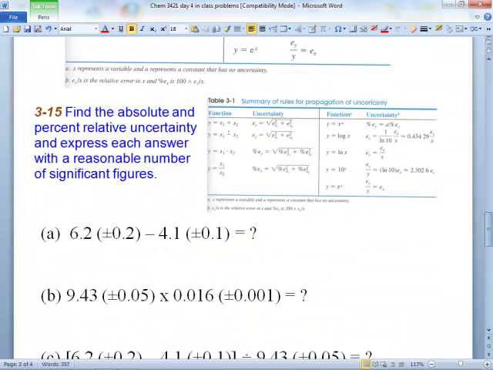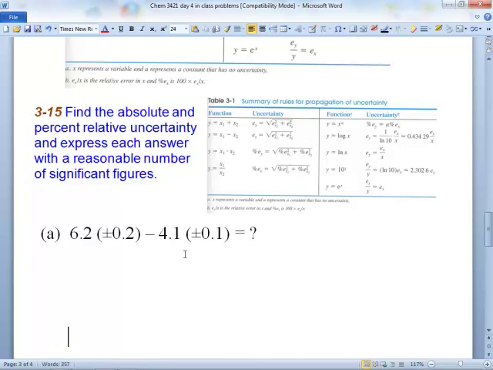Okay, let's try some of these to get you comfortable with them. We're going to do this first one. It has pluses and minuses in there. It has tolerances, so that means we have to use the table, and moreover, we have to use the first one. See if you can get a result for EY.